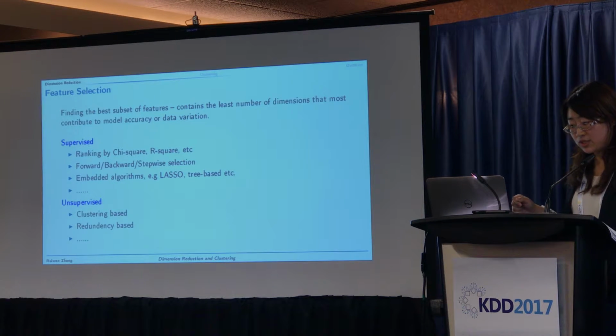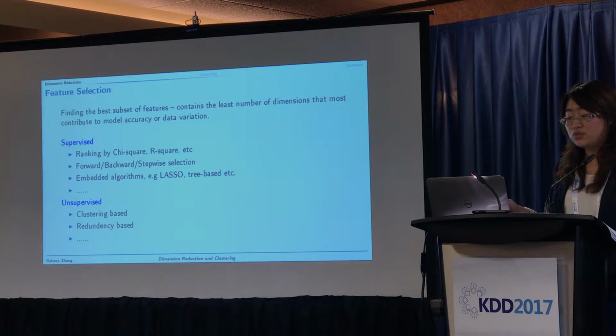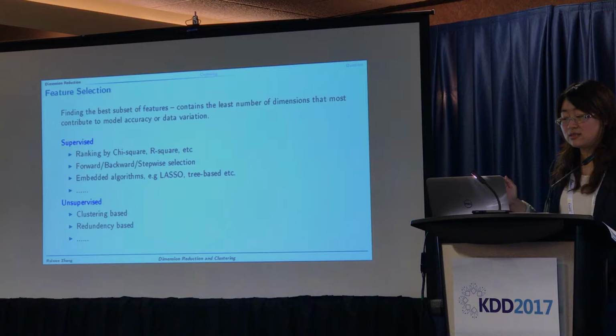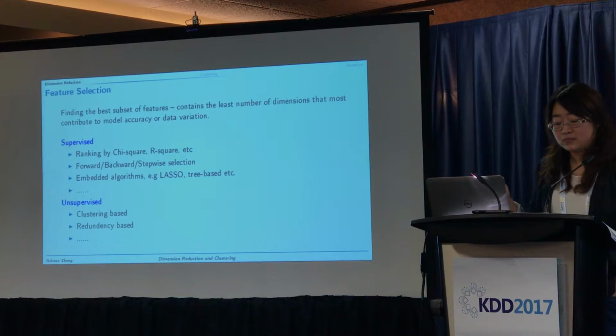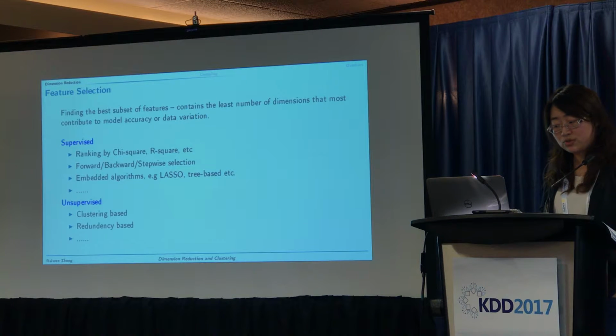Unsupervised variable selection is generally difficult because it's hard to determine the selection criteria directly. We have some methods that use the clustering results to see which features contribute to the model.